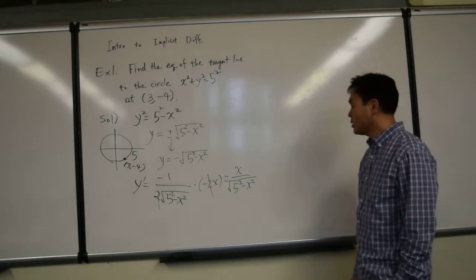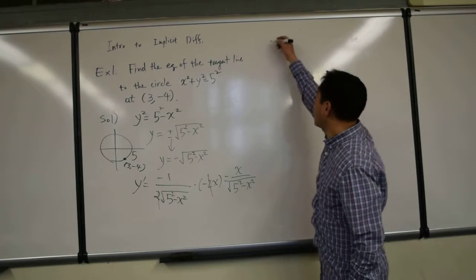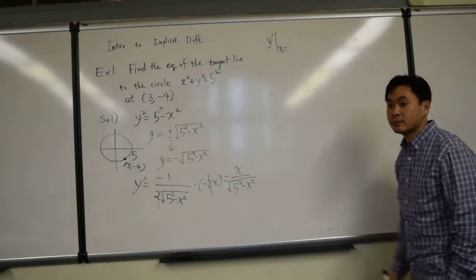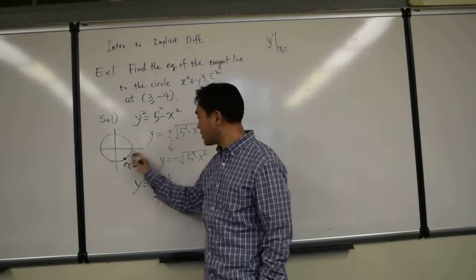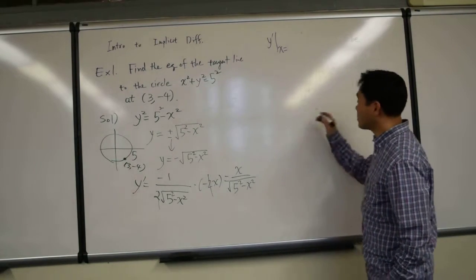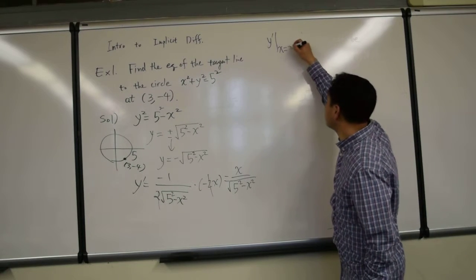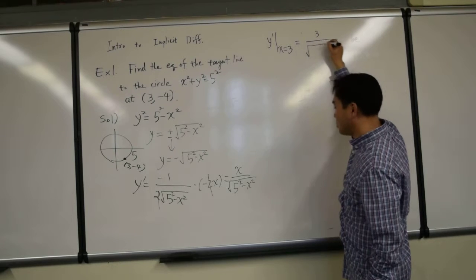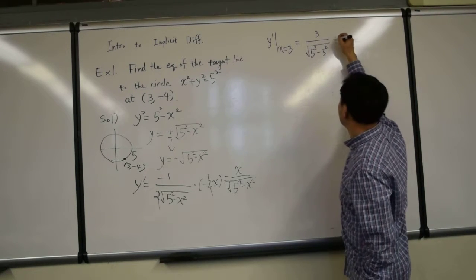Okay. And then I have to evaluate y prime at x equals what? I'm trying to find the slope at this point, right? So in order to get the slope, what should I put my x to be? 3. So you have 3 over the square root of 5 squared minus 3 squared.